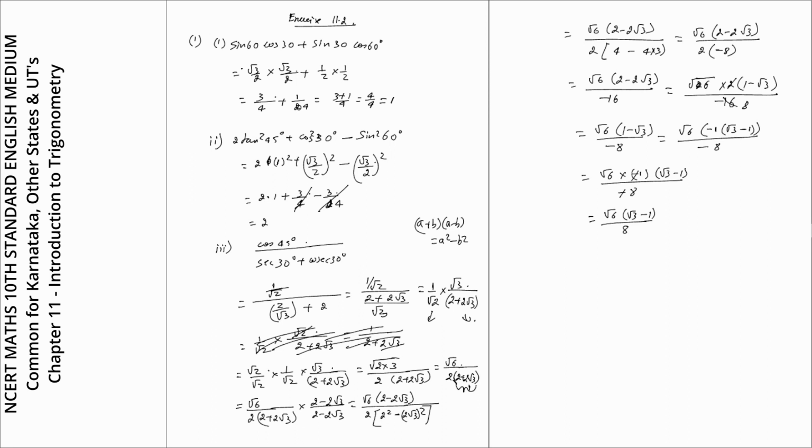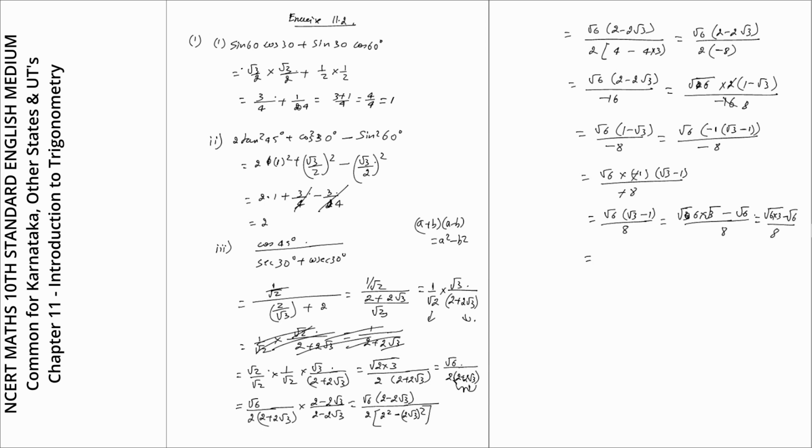Again here, if I open the bracket, root 6 into root 3 minus root 6 by 8 I'll get. So this again I'll get root of 6 3s are 18, 6 into 3, okay, one more step I'll take, minus root 6 by 8.